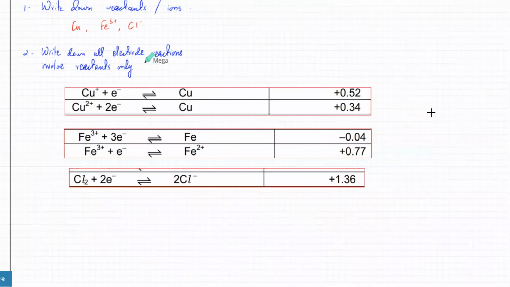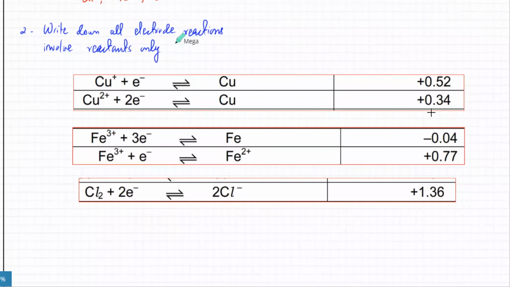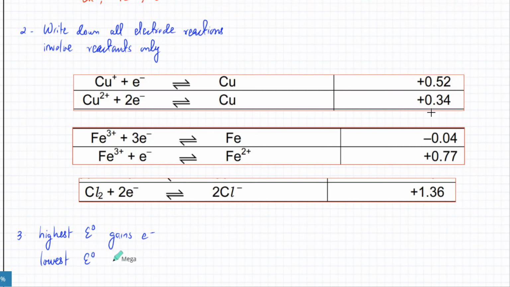So I've picked my reactions, and I've ignored those reactions that did not involve my reactants. Now the next part is easy. We just figured that out: the one that has the highest E naught gains electrons, and the one that has the lowest E naught, what does it do?